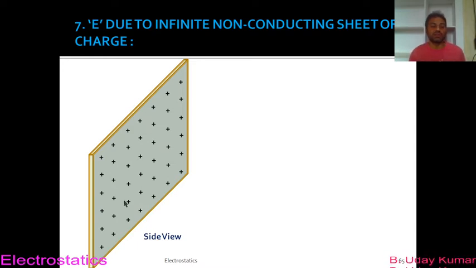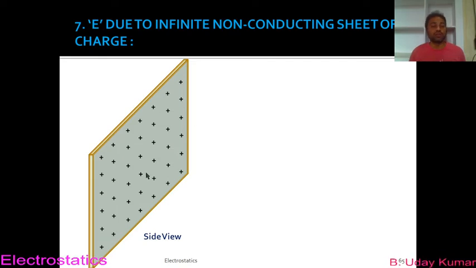That means the entire charge given to this sheet is uniformly distributed, and moreover the material on which the charge is distributed is non-conducting. Okay, so we call this a non-conducting sheet of charge, and its dimensions are taken infinite. That means length and breadth are taken infinite, and its thickness is assumed to be almost negligible. Okay, that's it. So this is an infinite non-conducting sheet of charge.